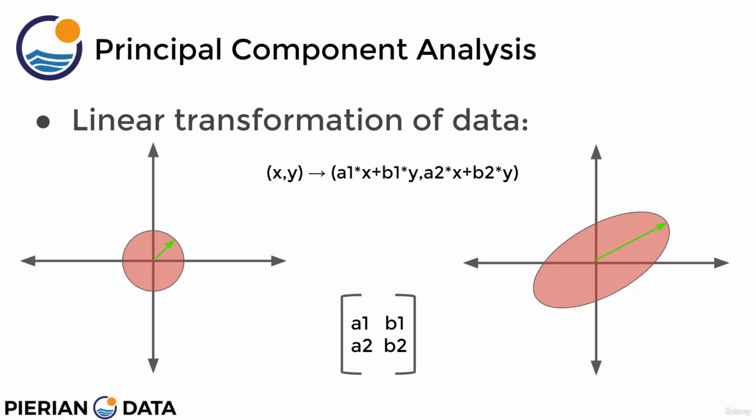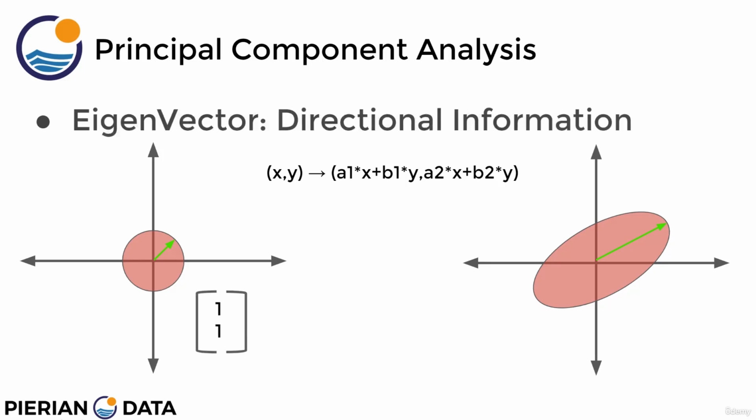So even after this stretching of the original space, your vector is pointing in the same direction. And that's going to be called a special case of the vector, which is an eigenvector. That contains the directional information, because the eigenvector is going to be pointing in the same direction even after a linear transformation occurs.